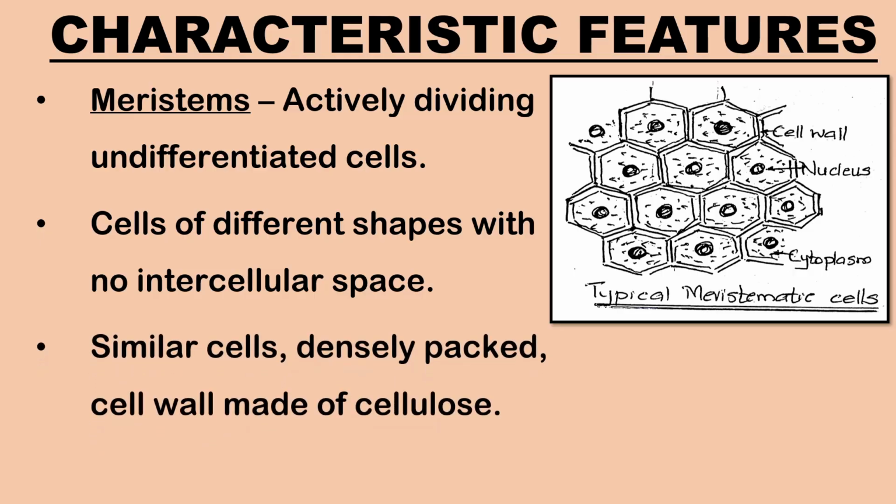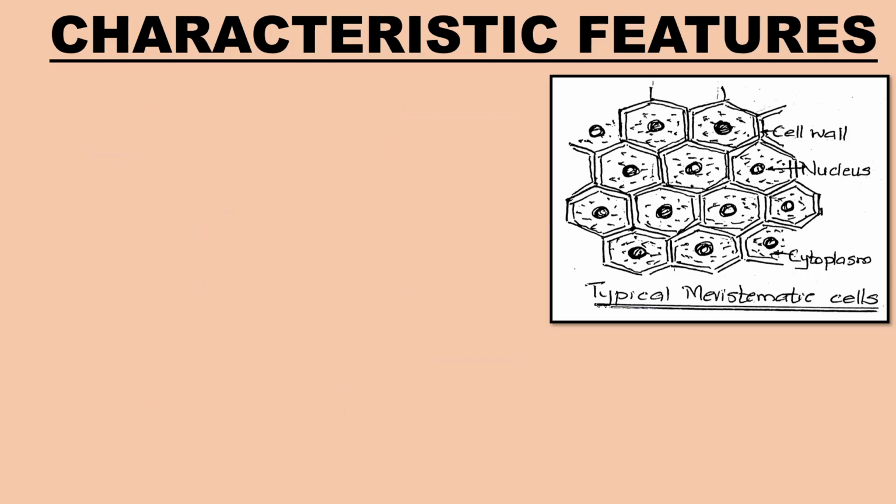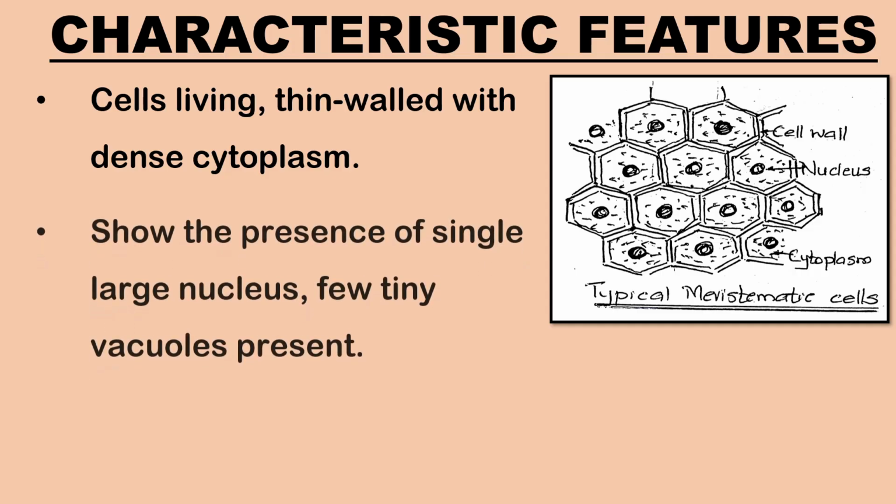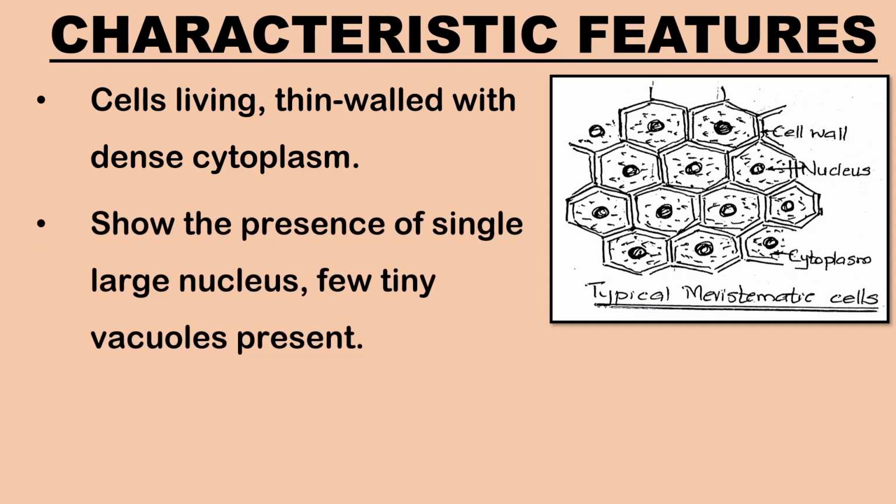All cells are similar, densely packed, and possess cell wall made up of cellulose. Meristematic tissue are living, thin-walled, with dense cytoplasm. They possess a single large prominent nucleus with relatively very small few vacuoles or no vacuoles at all.